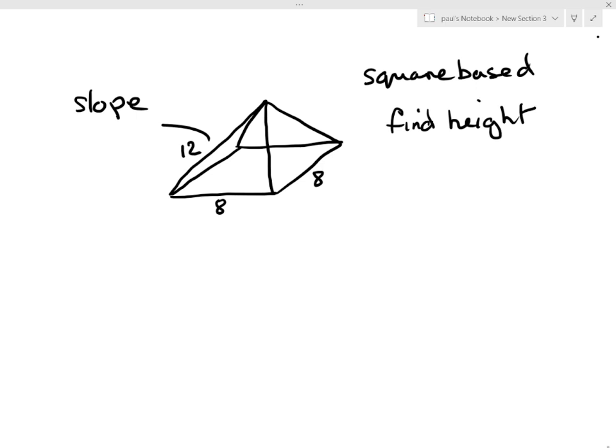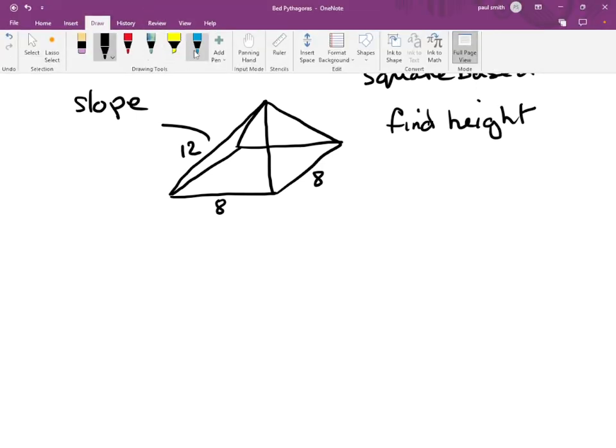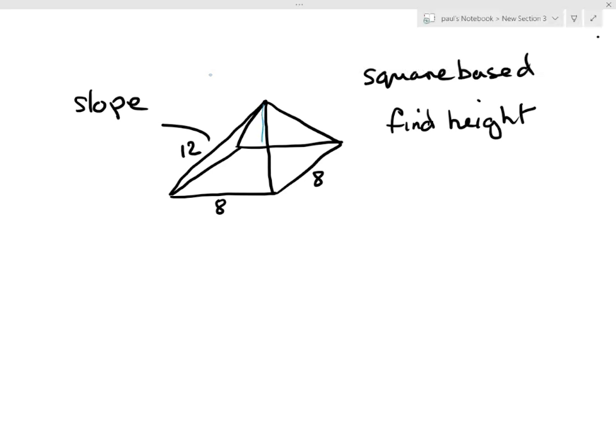Okay, so how can we do this? So let's have a look. The height is going to be dropping down from there, and it's going to drop into the middle of that shape there. So let's draw a diagonal line across the base, and then we can work out the length of that diagonal line. So we can go 8 squared plus 8 squared equals the diagonal squared. 64 plus 64 equals the diag squared.